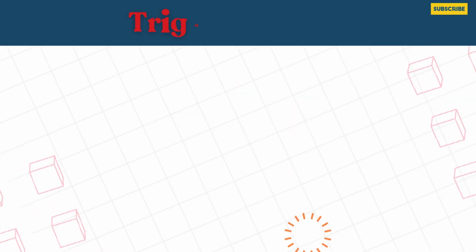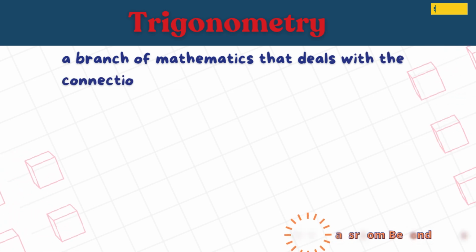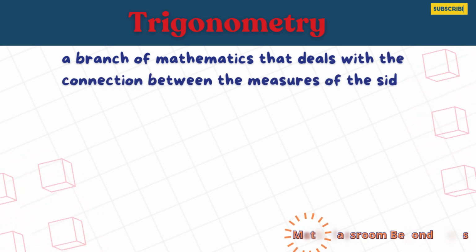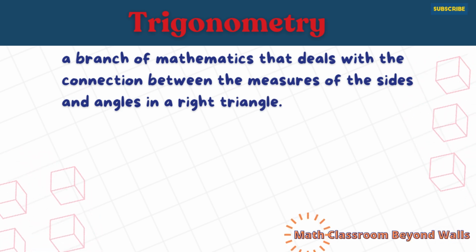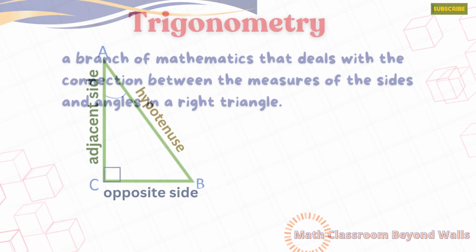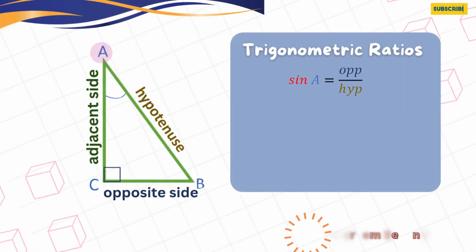Recall that trigonometry is a branch of mathematics that deals with the connections between the measures of the sides and angles in a right triangle. These connections are expressed in the following trigonometric ratios. Sine A equals opposite side over hypotenuse.